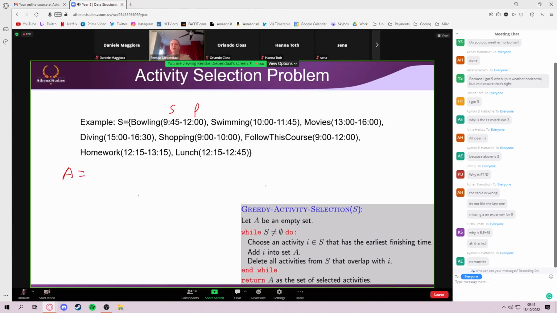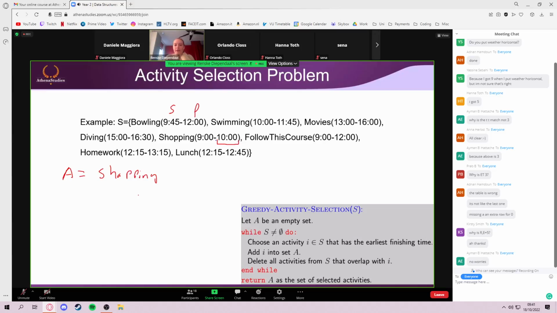So the first step we need to do is we take a look at which one of these has the earliest finish time. So we can go bowling, which ends at 12, 11:45, 4 o'clock, and we see that the first finish time is at 10. So what we do is we first go shopping.